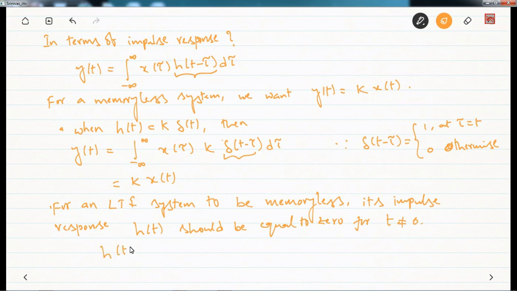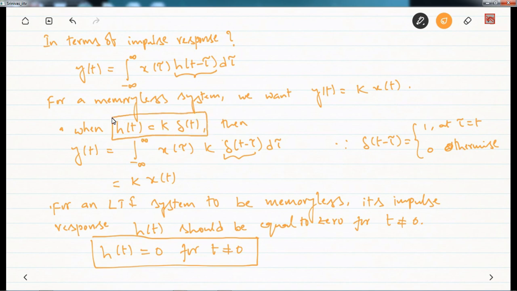Just to state h of t to be 0 for t not equal to 0. Because that's what h of t is, right? Like say here h of t is equal to k into delta of t.